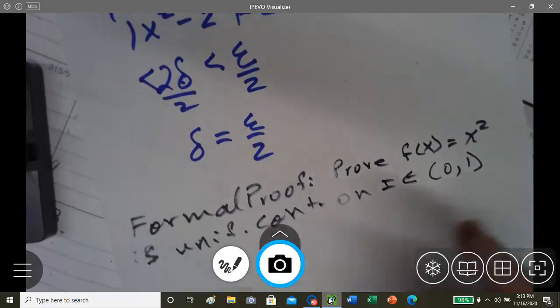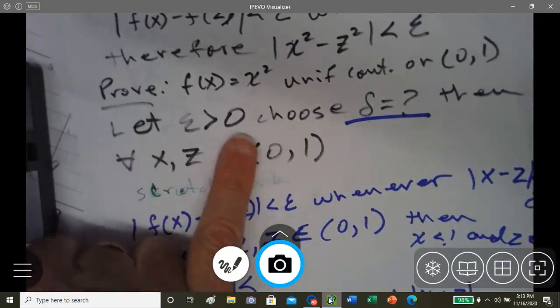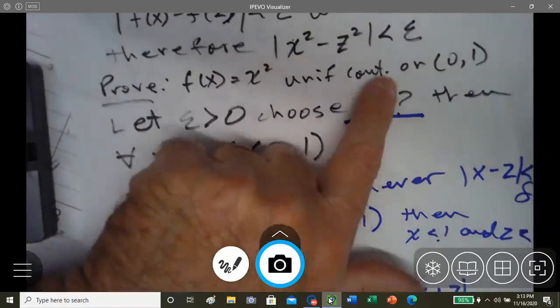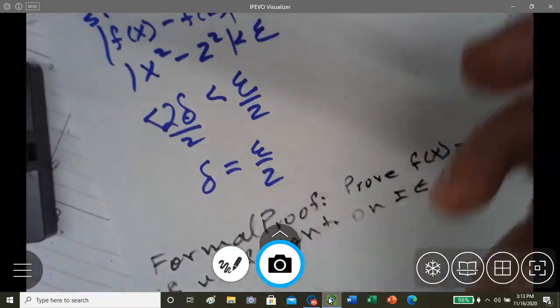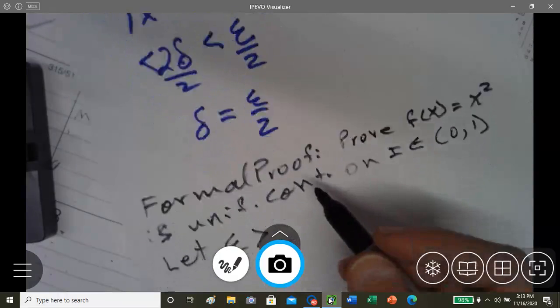So now we can say let epsilon be greater than 0, choose delta equal to epsilon over 2.